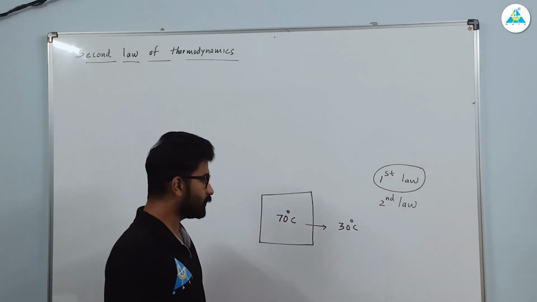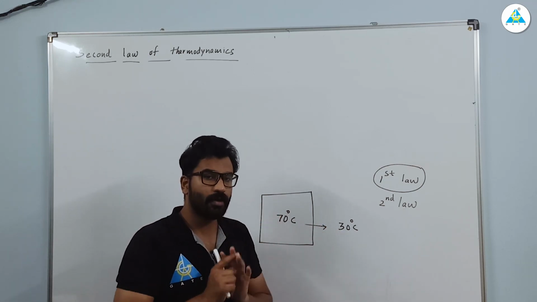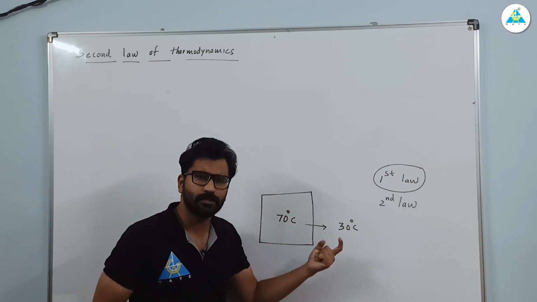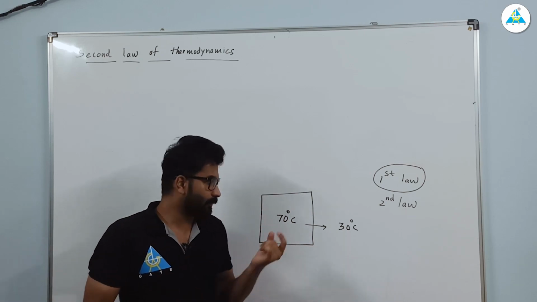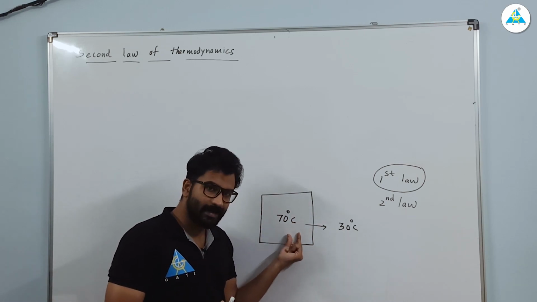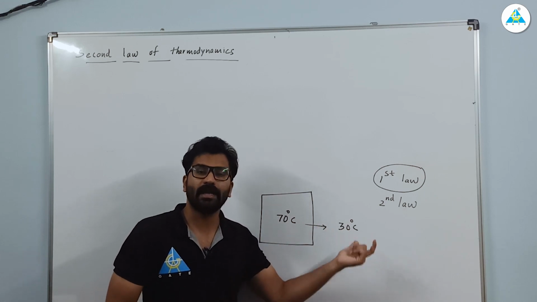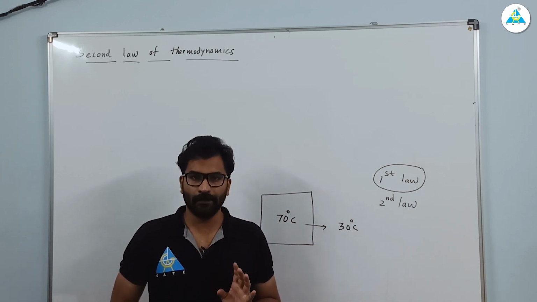According to your first law, heat lost by the hot system is equal to heat gained by the cold. That is our first law. Whatever heat lost by this particular system is equal to whatever heat gained by the surrounding. Heat lost is equal to heat gain. That is your first law.